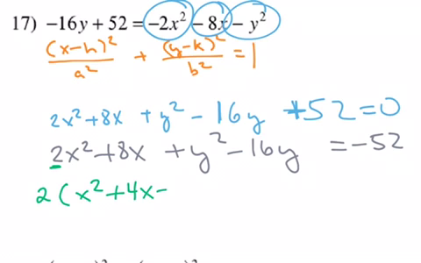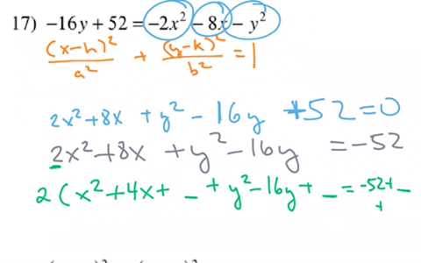Okay, I'm going to give myself a little space here, plus y squared minus 16y, equals negative 52, plus some space. You'll also notice that I didn't have to factor anything out of the y's because the y has a leading coefficient of 1. So because of that, I don't have to worry about that.